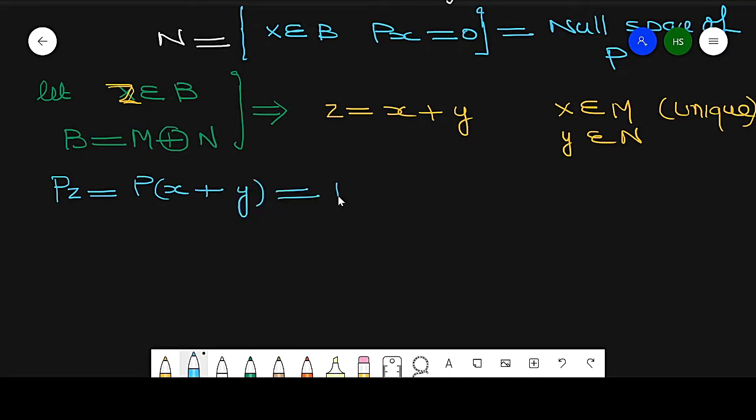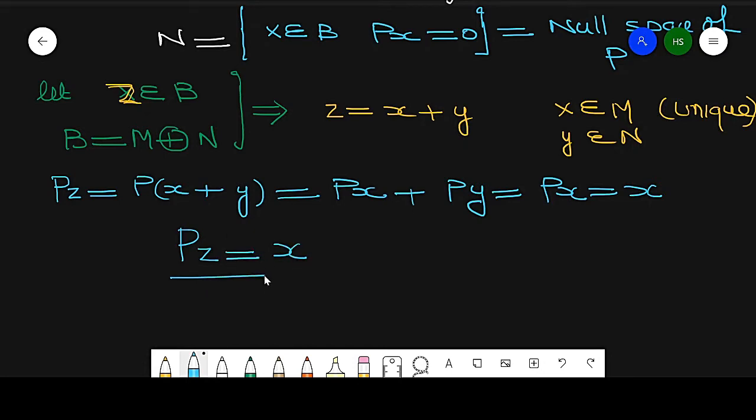Since P is a linear operator, this is P of x plus P of y. Y belongs to the null space, so this is P of x, and P of x equals x because it is idempotent. So P of Z equals x.